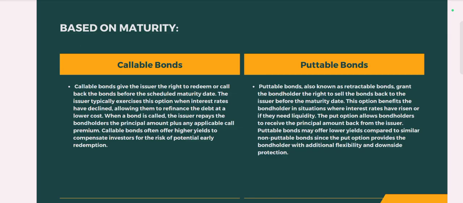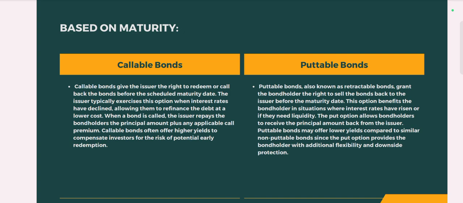Next is based on maturity. Callable bonds, puttable bonds. Callable bonds give the issuer the right to redeem or call back the bond before the scheduled maturity date. The issuer typically exercises this option when interest rates have declined, allowing them to refinance the debt at a lower cost.